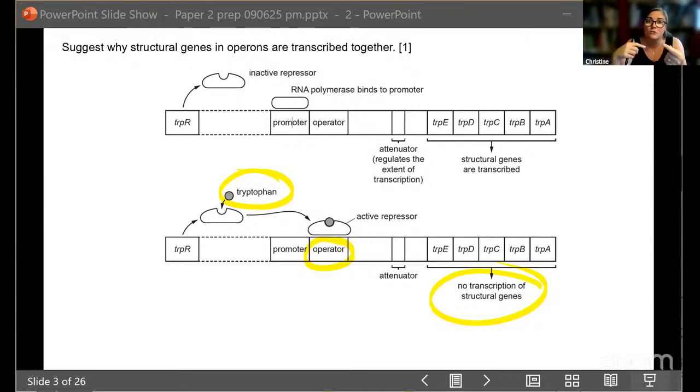As soon as something is transcribed, translation can start to occur as long as that mRNA strand is attaching to the small subunit. So these are prokaryotes, small organisms which can do transcription and translation together because they have the genetic material and the ribosomes.